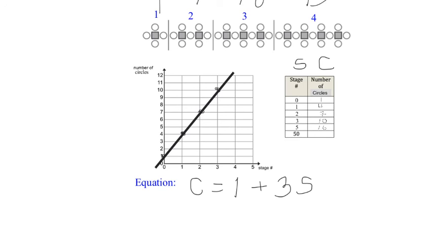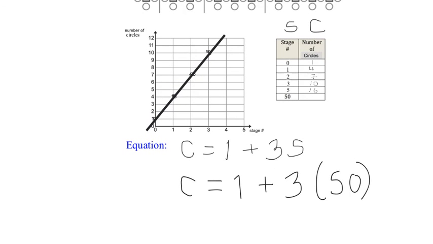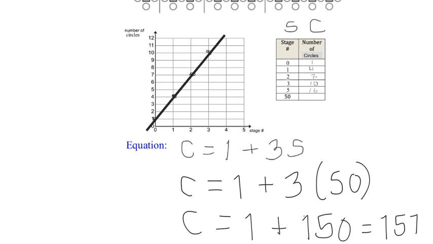So I'm trying to work out how many circles would I have if I started off with 1, and then I added on 3 more 50 times. Okay? So with that being the case, I would have C equals 1 plus 150, which equals 151. And that's it.